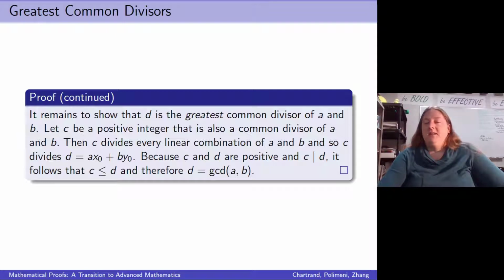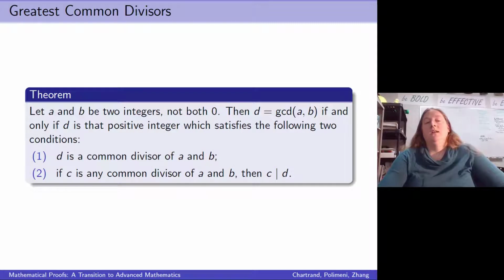Well, that means that C divides D. Well, C is less than or equal to D then if C divides D. So that means that D is in fact the greatest common divisor. So D is our greatest common divisor of A and B.